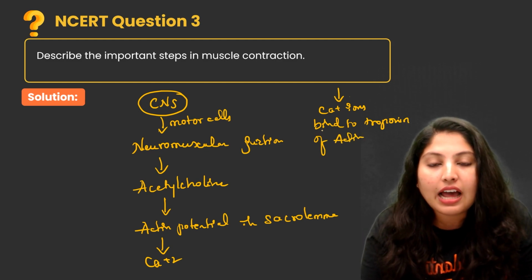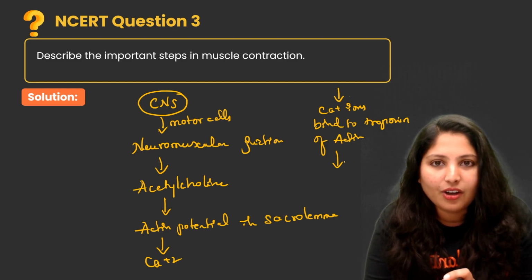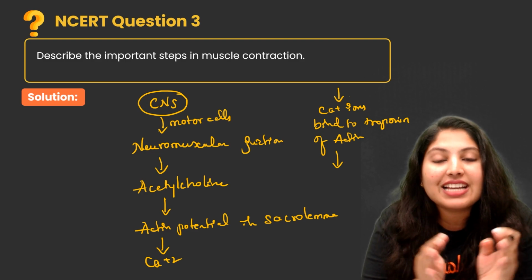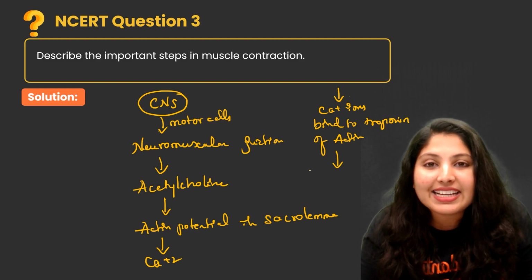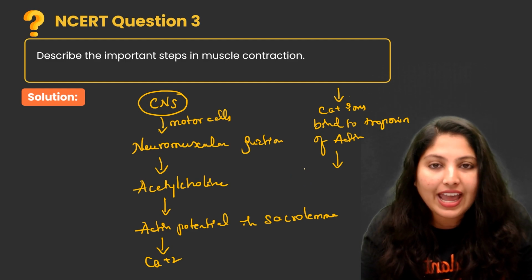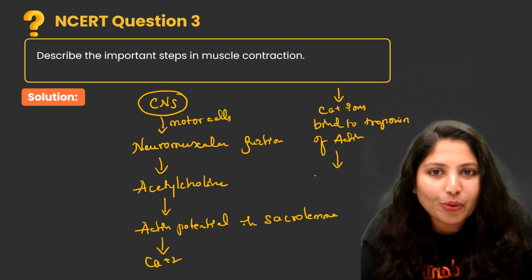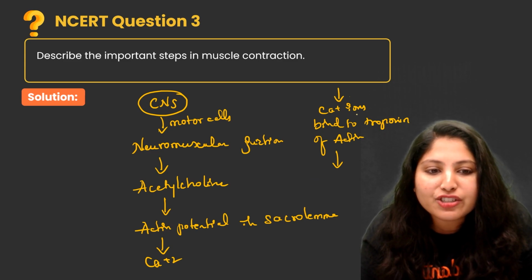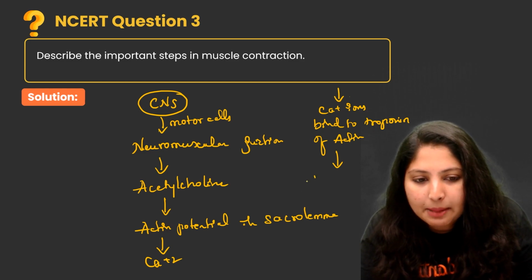In the actin filament, there is a mask which is covering the region known as the active site for myosin. Due to the calcium ion binding to troponin, that mask is removed. So what happens?